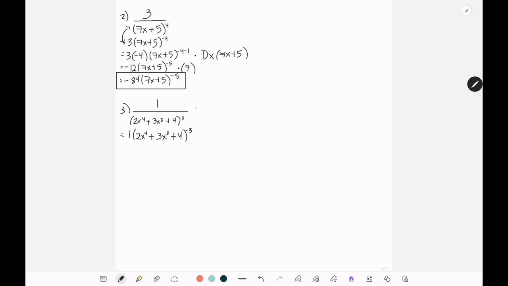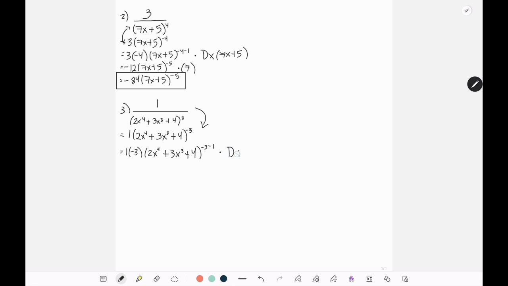Alright. Now that we have transformed it, so now we can use our formula. Alright? So now, yung negative 3 natin again, ilalagay natin siya dito sa unahan. So we have 1 times negative 3. And then copy again, 2x raised to 4 plus 3x cubed plus 4 raised to negative 3 minus 1.